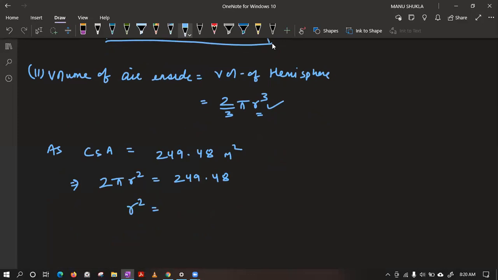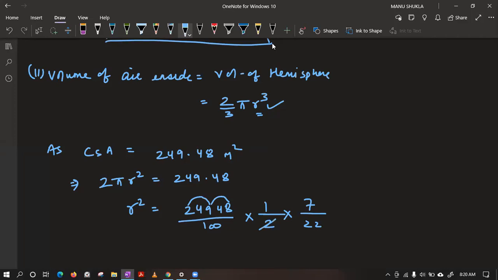So r square is equal to 249.48 upon 100 multiplied by 1 upon 2, and for pi we can write 22 upon 7. Now we just need to solve this and we'll get the answer. Let me check. Can we solve this by 11? 2 plus 9, 11 plus 8, 21 and 8. I think it will not.